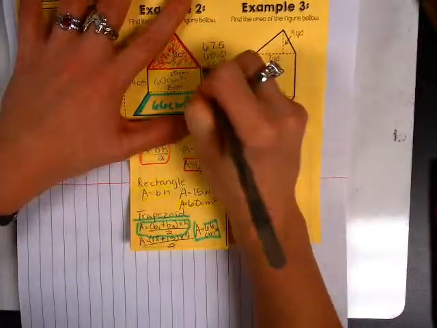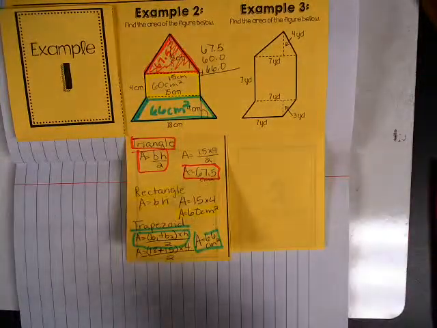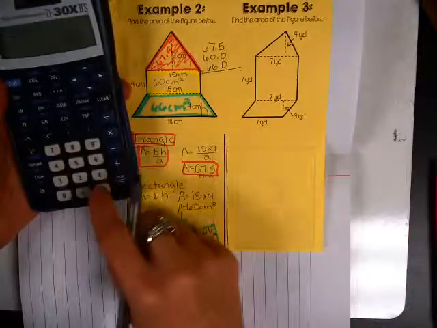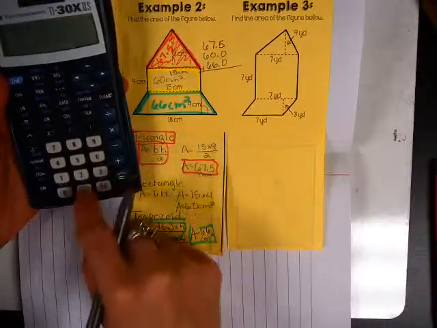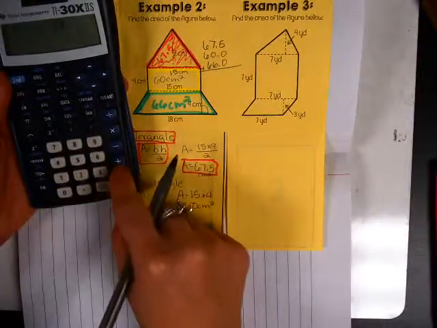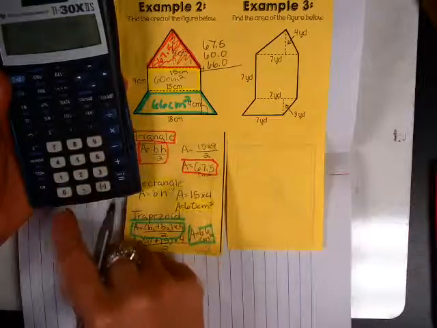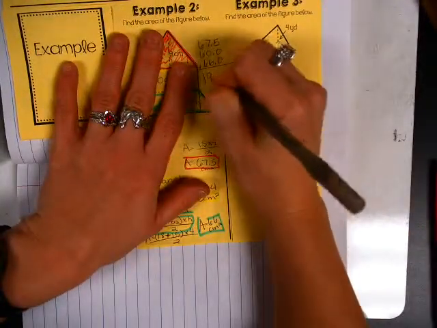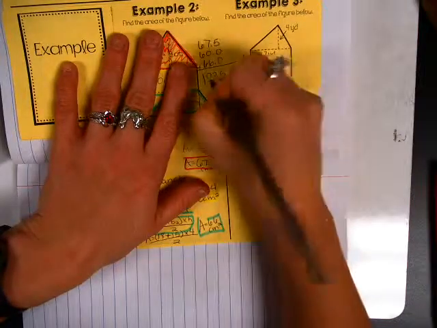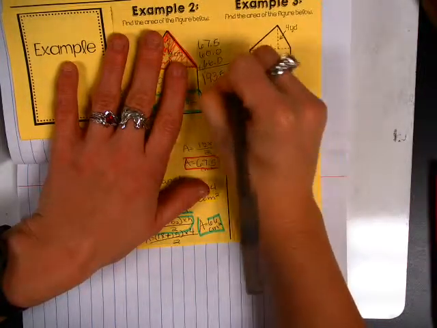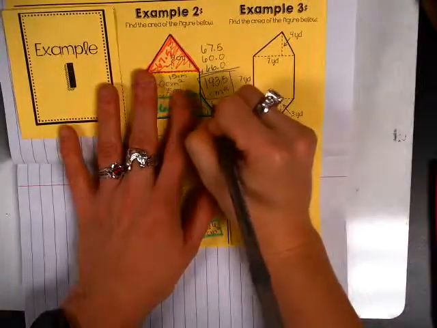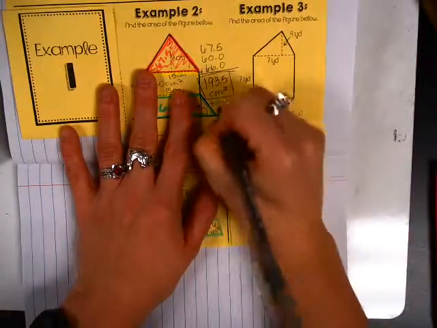Now, once you're putting it in a calculator, you don't have to pay attention to it, but you have to make sure that your decimals are lined up. So 66 plus 67.5 plus 60. And you get 193.5 centimeters squared. That is your total answer. This is your total area.